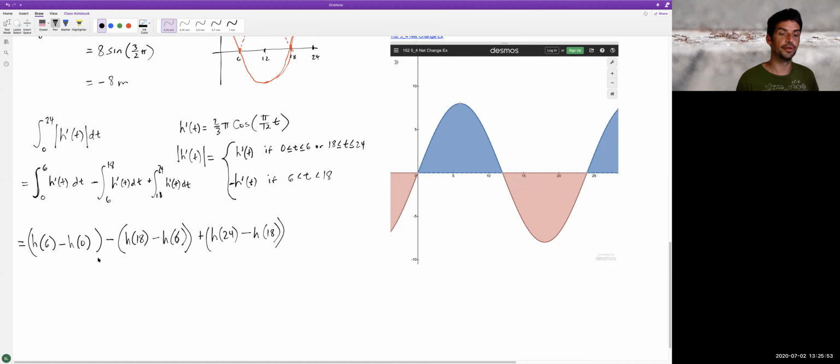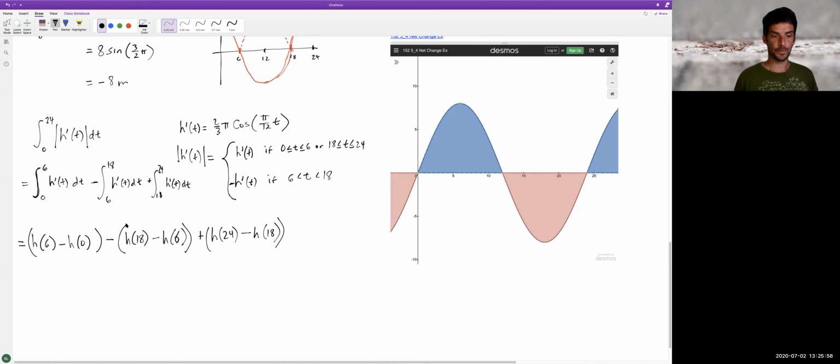Right, there are my 3 integrals, using the net change theorem on each of them.